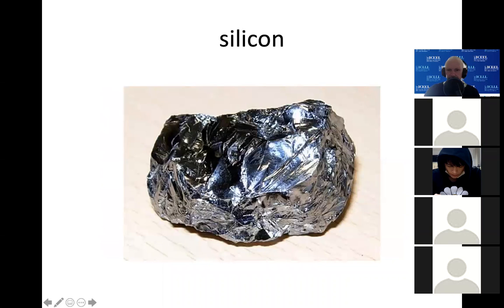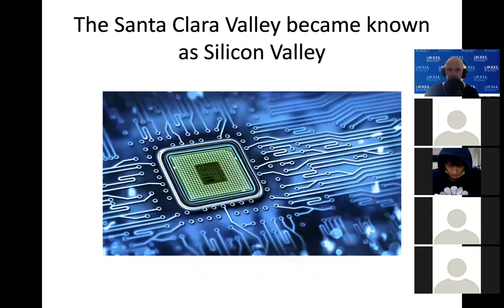It's a funny metal. And when you're making tiny transistors, semiconductors, you usually use this material, silicon. It's the best material to use. So the Santa Clara Valley, where many of these transistors were made, became known as Silicon Valley.